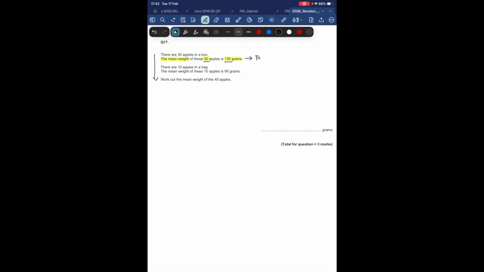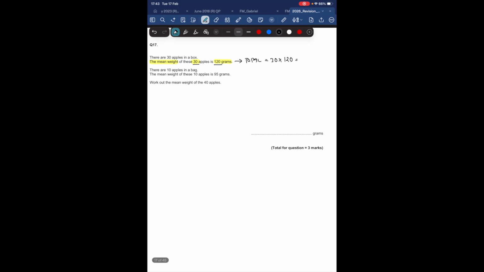So we can immediately calculate the total weight of all of those 30 apples by simple multiplication. 30 times 120. If we work that out, we get 3,600 grams.